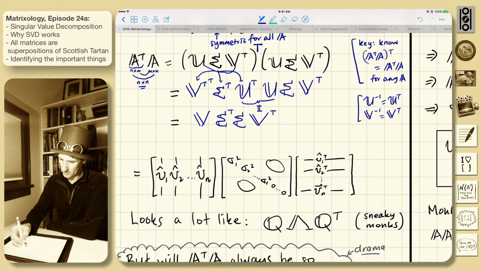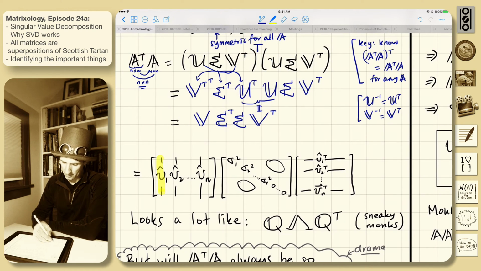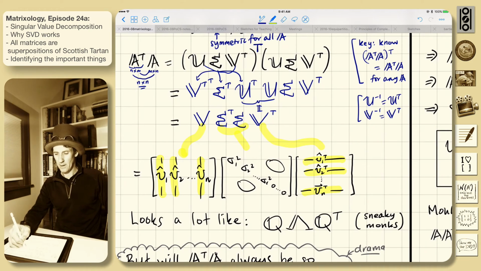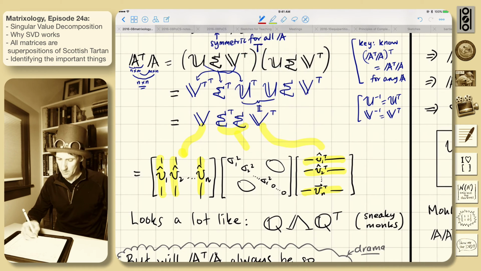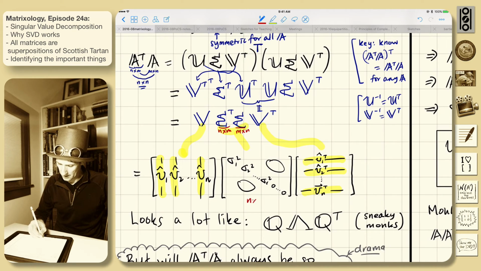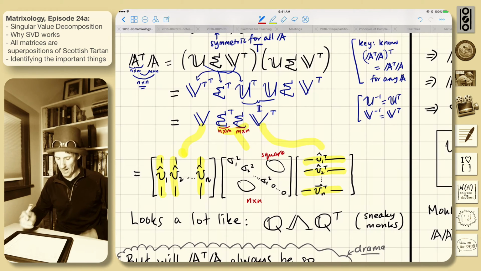So let's write out what this looks like. So the first part, okay, so these vectors are here, right? V transpose is here, boom. And then if we think about what this thing does, it is an m by n and then an n by m. So this is n by n. So it's square. It's diagonal.